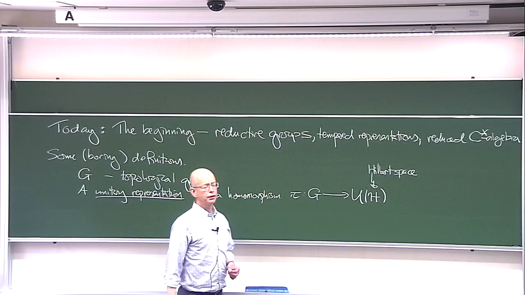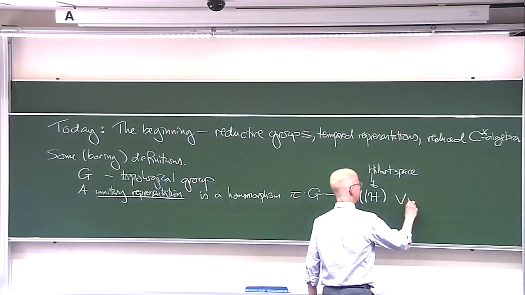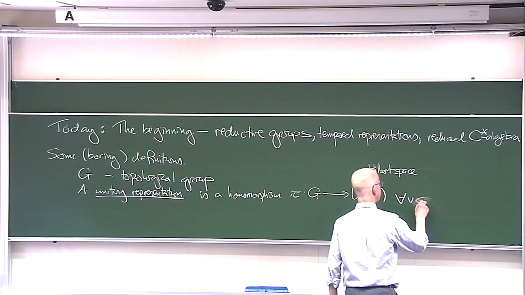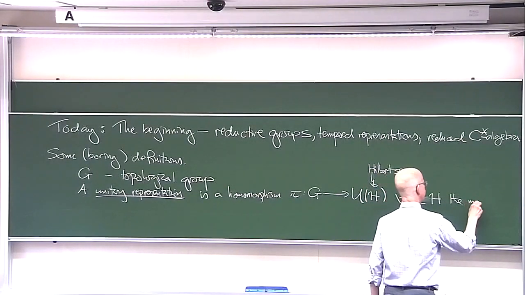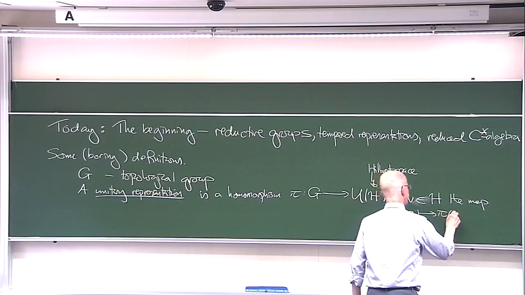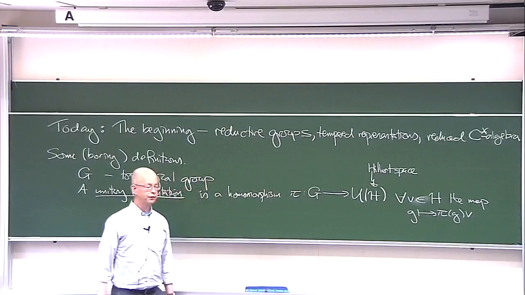And there's a mild continuity condition which says that whenever you pick a single vector or two vectors, doesn't really matter, let's just take one, I can build a map from G into the group, the action map, in this way.